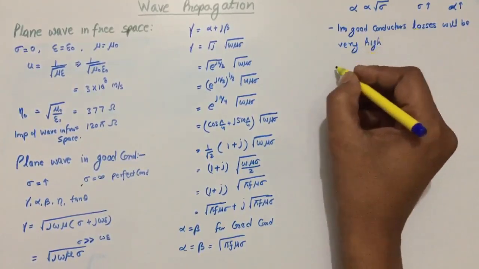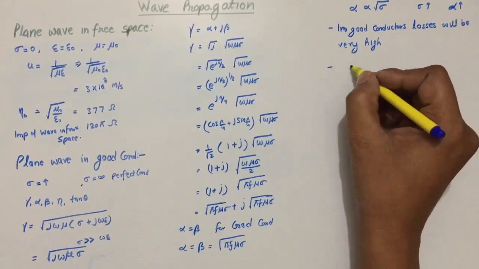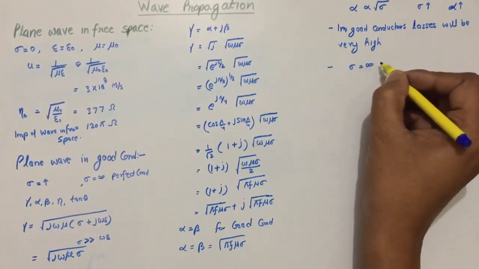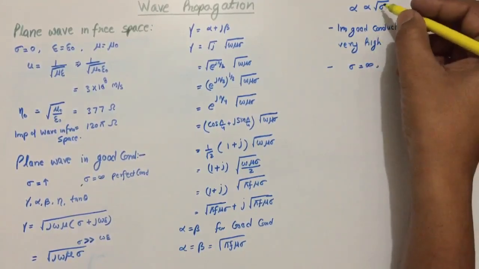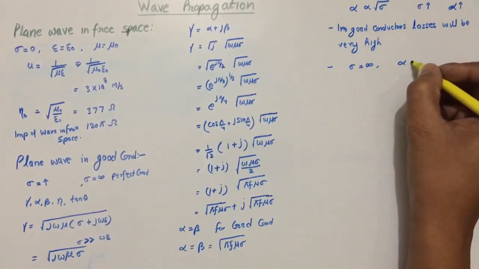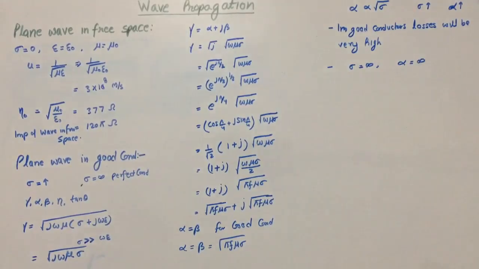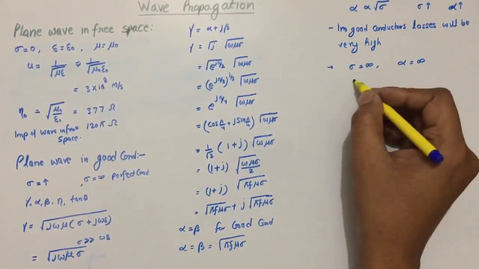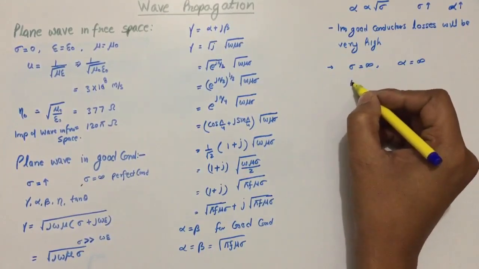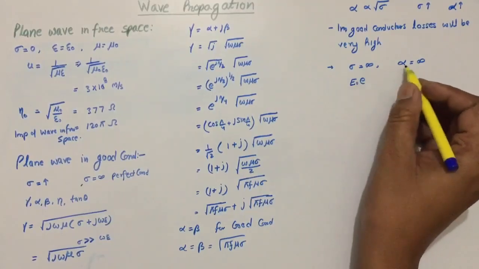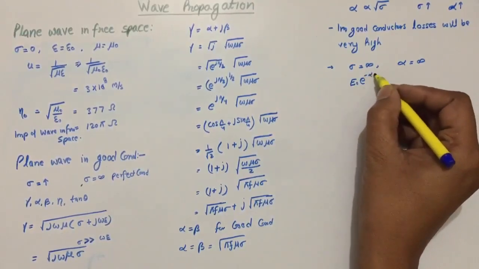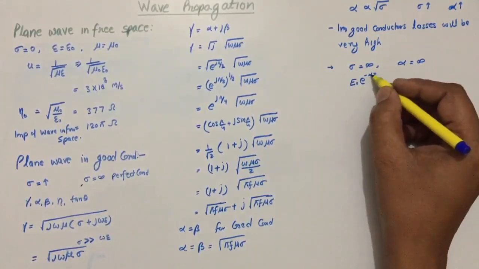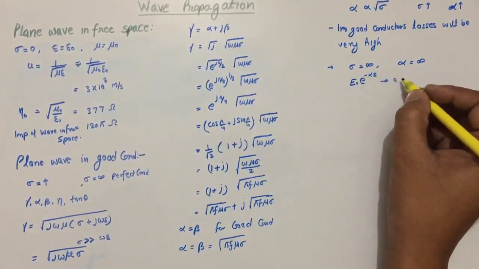Okay, and for a perfect conductor, sigma is equal to infinity, and if sigma is equal to infinity, we can say alpha is equal to infinity. It means the wave amplitude that we have, e to the power minus alpha z if propagation is in a particular direction, if alpha is infinite, then it will tend to 0.